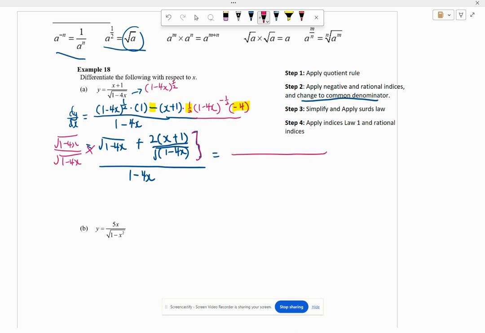Then we have the same denominator, square root of 1 minus 4x. Square root a times square root a is a. So square root of 1 minus 4x times square root of 1 minus 4x will give you 1 minus 4x, plus, simplify, 2x plus 2. And then the whole thing over 1 minus 4x.